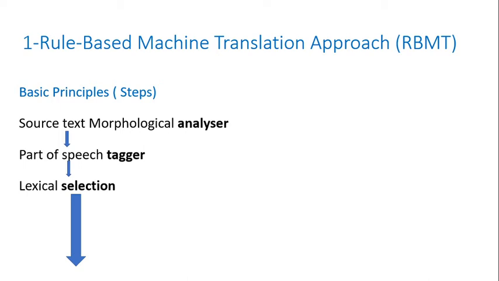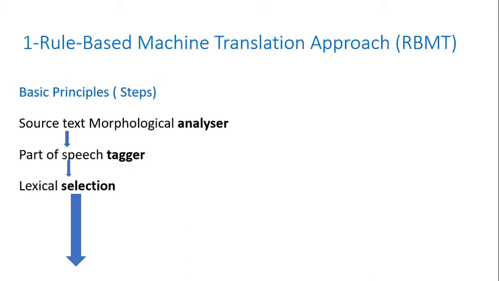Part of speech tagger, these are the terms used in computer science. Just imagine that we are doing it manually, but it is done by machine, an automatic process based on some computer rules or some computer programming.